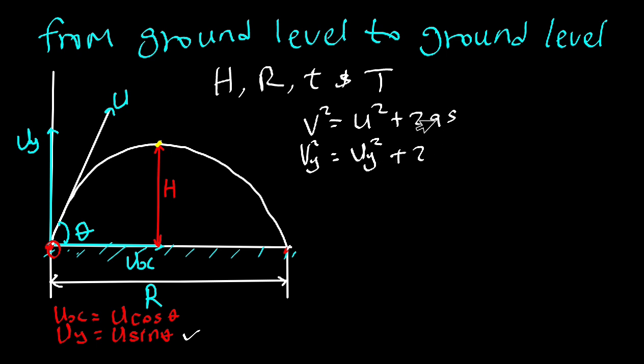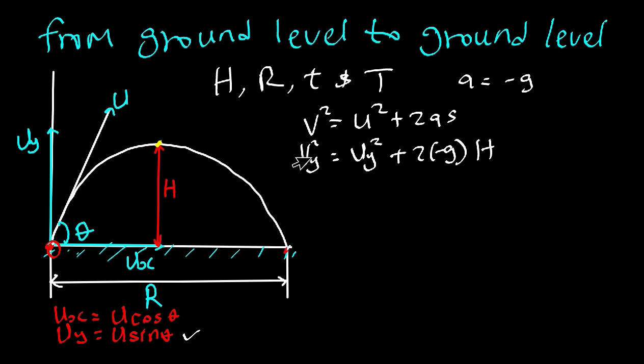Now this acceleration, remember this projectile motion is influenced by the gravitational force. So this acceleration here is going to be equals to negative g because it is projected upwards, which is against the gravitational force. So we're going to replace this a with negative g, right? And then this s, which is displacement, we're going to be replacing it with height, which is this height.